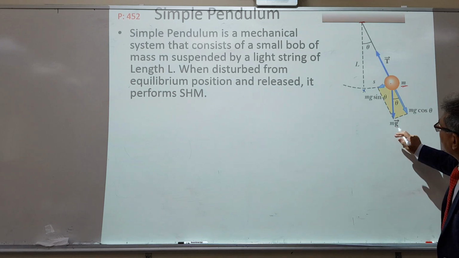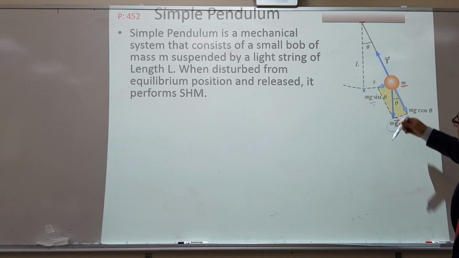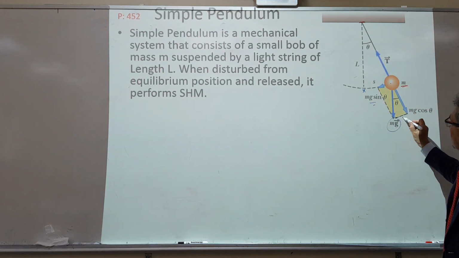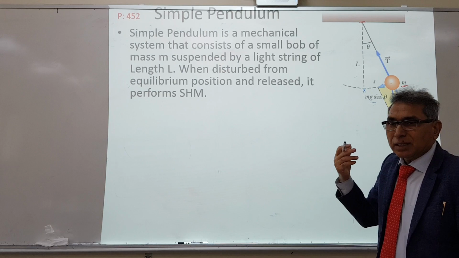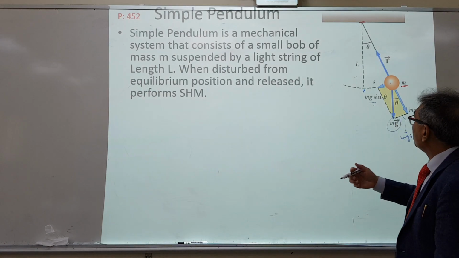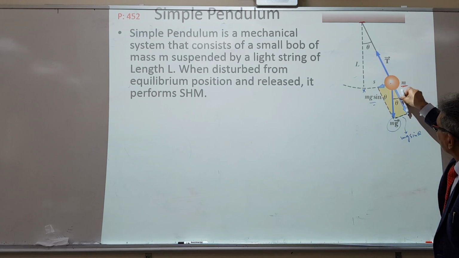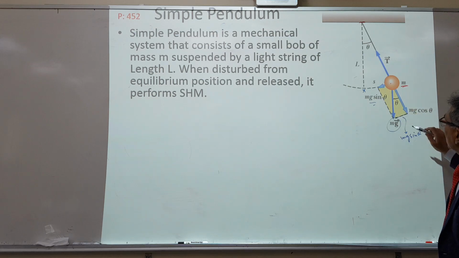And it is not just weight mg, but a part of it. How? This is mg, this is theta, this is mg sine theta. If you keep in your mind the basic head to tail rule, adding the two vectors, this is the x component, this is its y component. In front of this theta you have sine component.